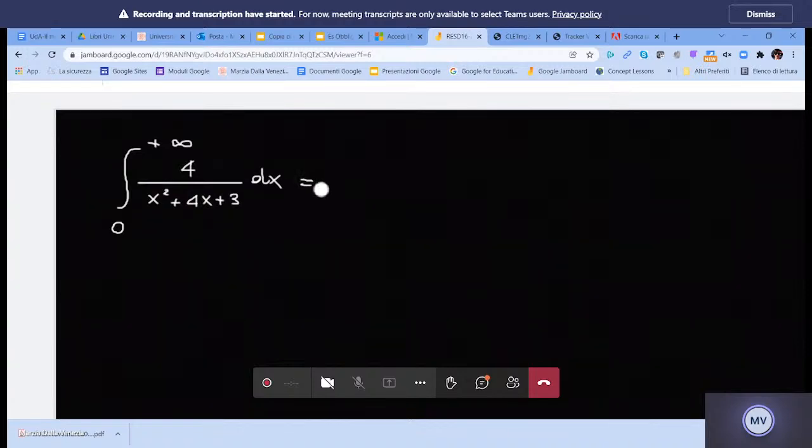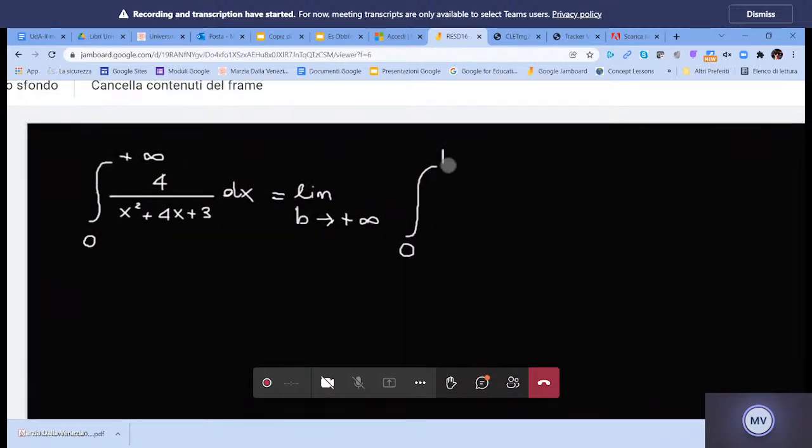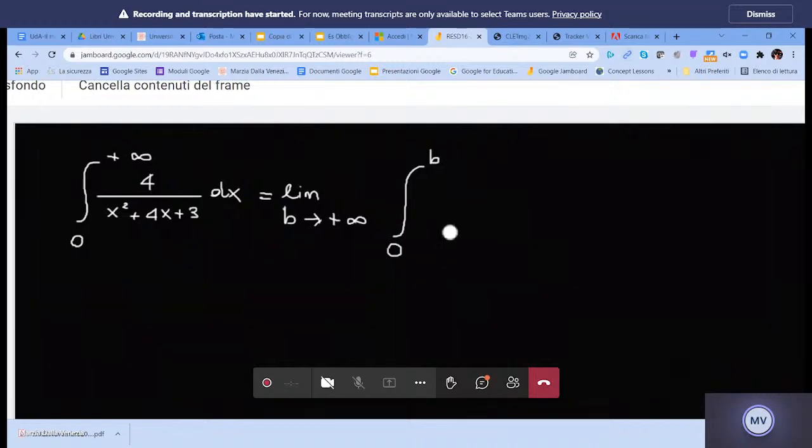So the meaning of this one is to choose a number b such that, first of all, we evaluate for the value b some positive number, I would say, and then once we have computed the integral, we can compute the limit of the integral.